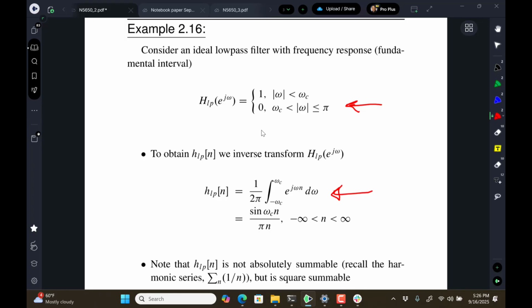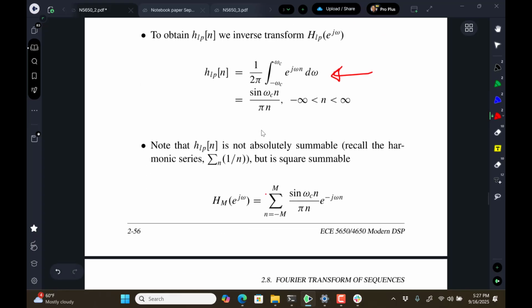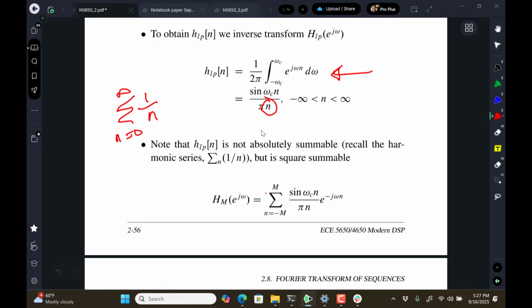It's a scaled sinc function, sine of omega c n over pi n, and it has this nasty n in the denominator, so it harkens back to the harmonic series as not being absolutely summable because of that 1 over n. But it is square summable, so it has summability in the square summability sense.